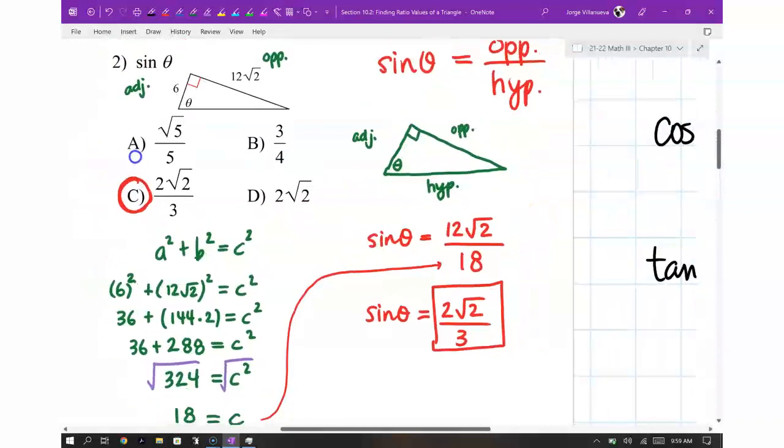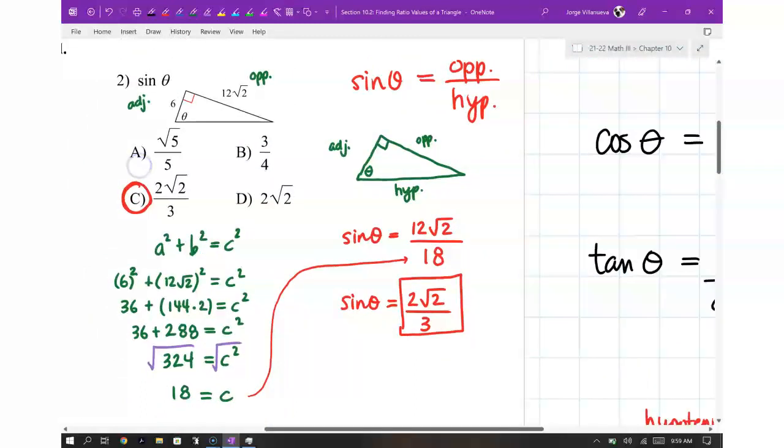So let me kind of zoom out and go over everything that we had to do and think about when we did this. The very first thing we did is we labeled our triangle, okay? So we can see what we had and what was missing. And then once we labeled the triangle, I used my trig function, the sine of theta equals opposite over hypotenuse, and I tried to fill it out, right?